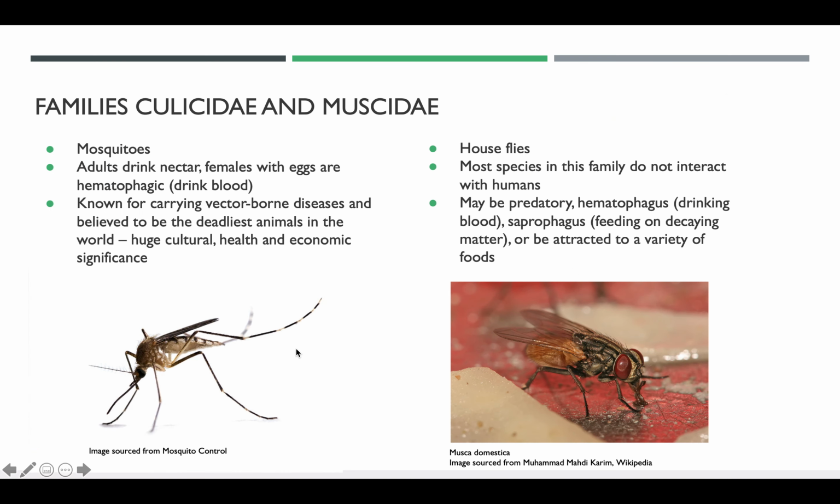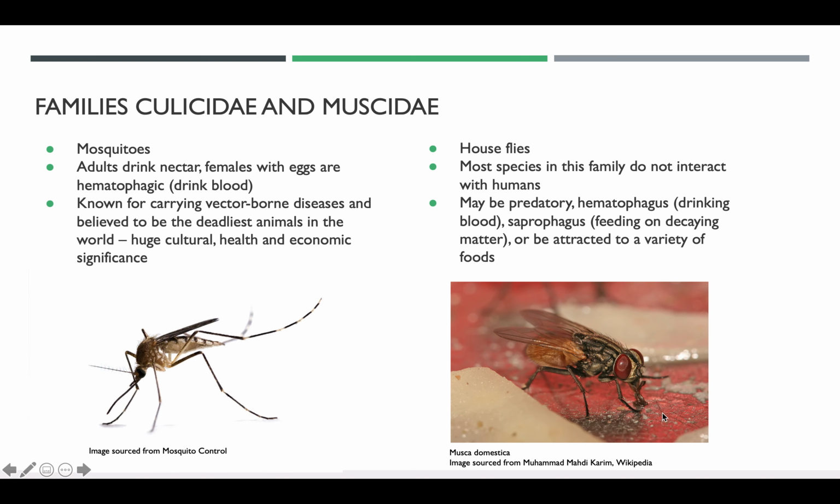Some common families, I'm not really going to go over how exactly to ID them, because again, they can be really difficult to ID. But mosquitoes, there's a good chance if it's drinking your blood, it's probably going to fall under this family. Adults drink nectar, but females with eggs are going to be drinking blood. And we know them for the huge cultural, health, and economic significance that they have in our communities.